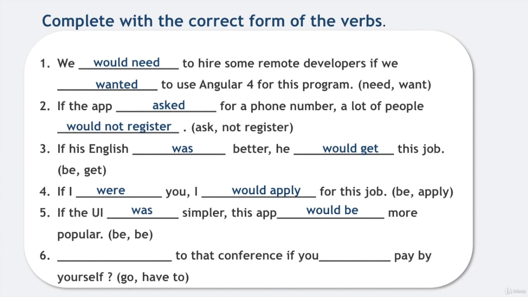And number 6. You can see that this is a question, so we have to use a question form. Would you go to that conference if you had to pay by yourself? Would you go to that conference is a result. This is a question about the result. So, would you go to that conference if you had to pay by yourself?